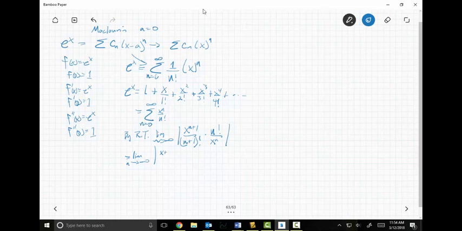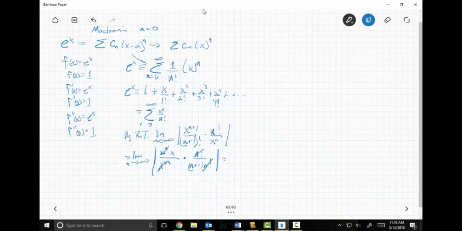This is x to the n times x, that's what x to the n plus 1 is, over n plus 1 times n factorial, over x to the n times n factorial. And what happens here? The n factorials disappear, the x to the n's disappear, and what do I end up with?